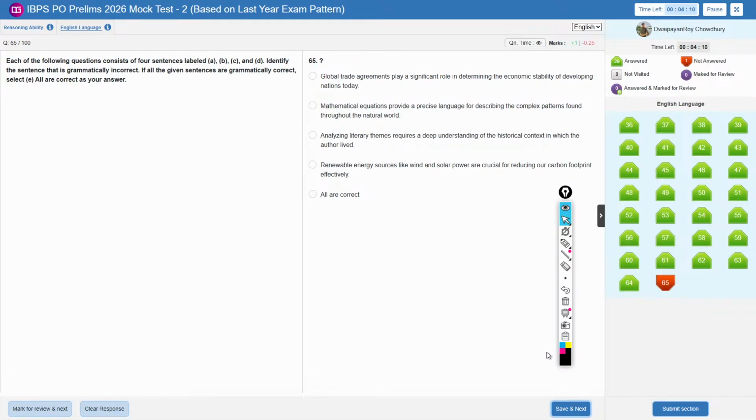Yeah. The last one is global trade agreements play a significant role in determining the economic stability of developing nations today. Okay.